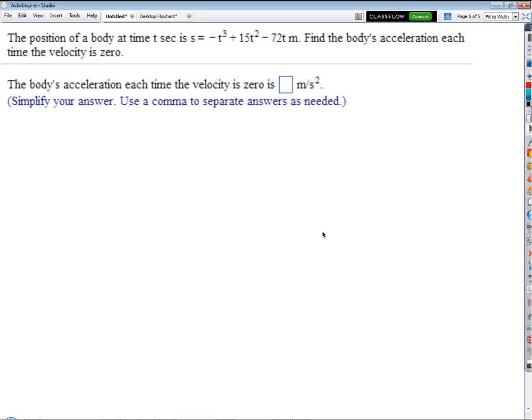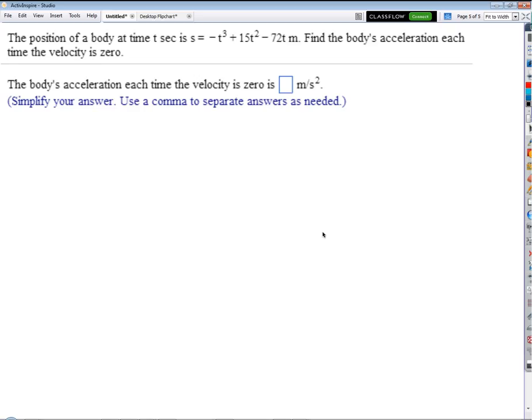So to find the times when the velocity is 0, what would we do with that velocity function? You would put 0 in for v, put it in for V of t. I really want you to do this, but we'll just talk about it conceptually. If I differentiate, I'm going to get v equals something.